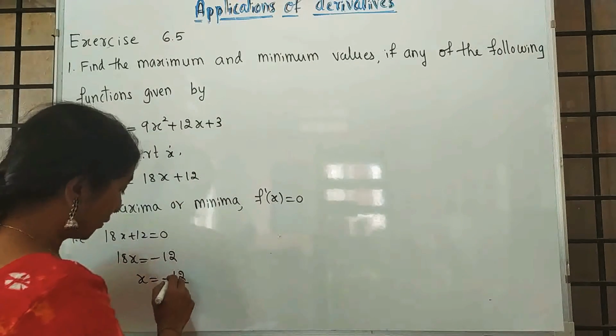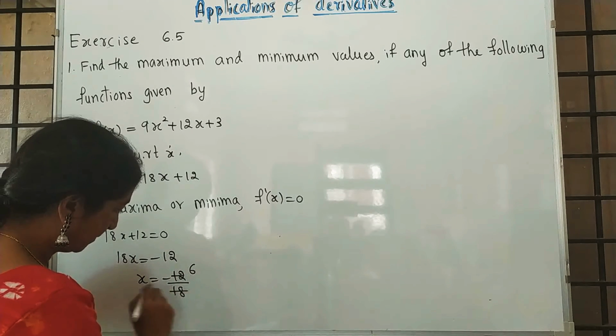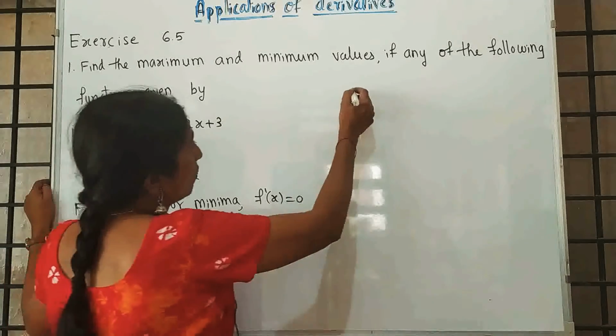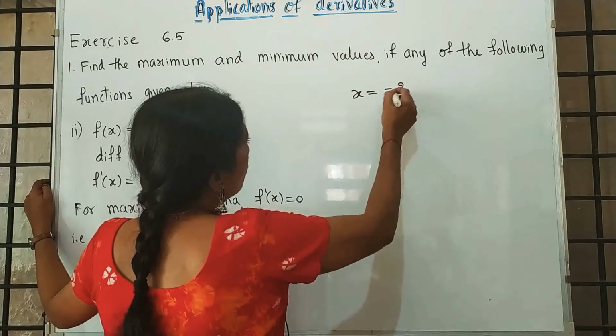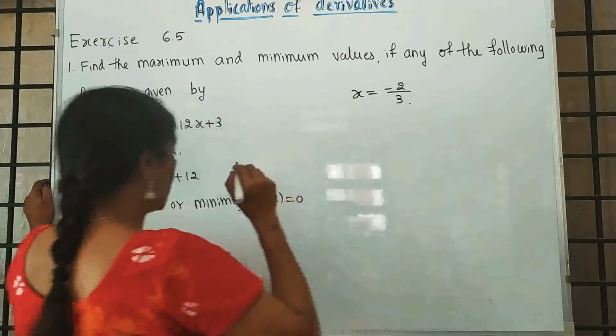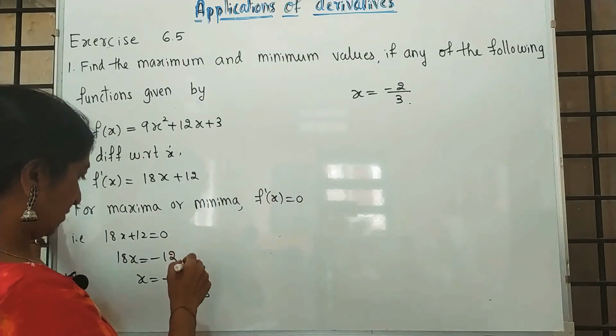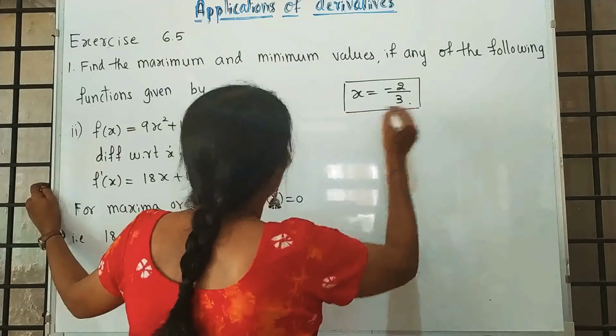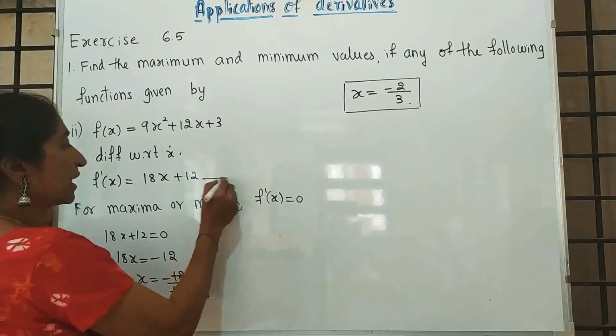So after cancellation, x is equal to minus 2 by 3. So after finding the x value, what do we have to do? We have to go for the second derivative.